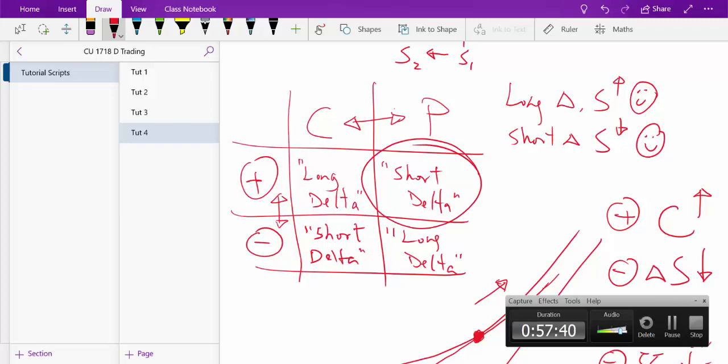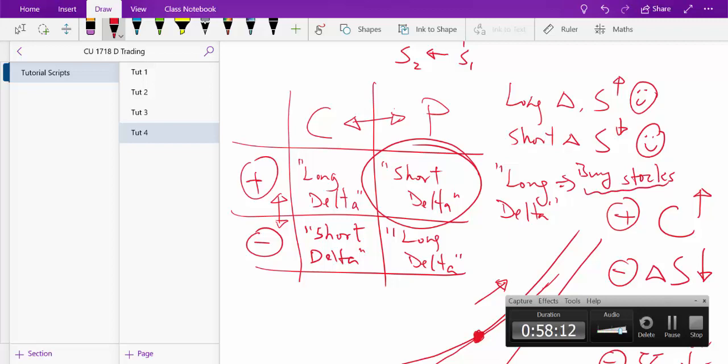So in order to hedge that, and that's why I explained to you a moment ago, so now you don't have to ask me, Sam, why are you hedging it? I already told you. But in order to hedge this, you need to do what? You need to be long delta, don't you? Which means you need to buy some stocks. Are you with me?